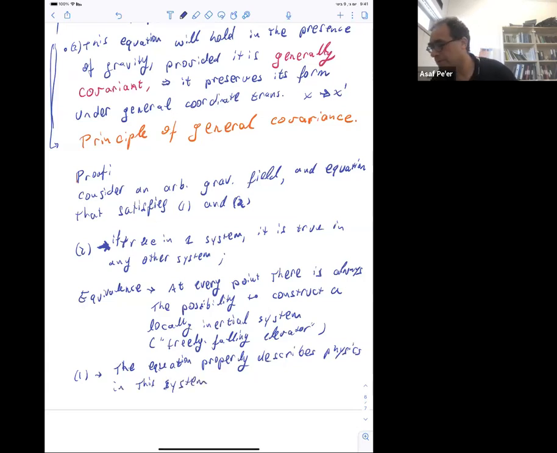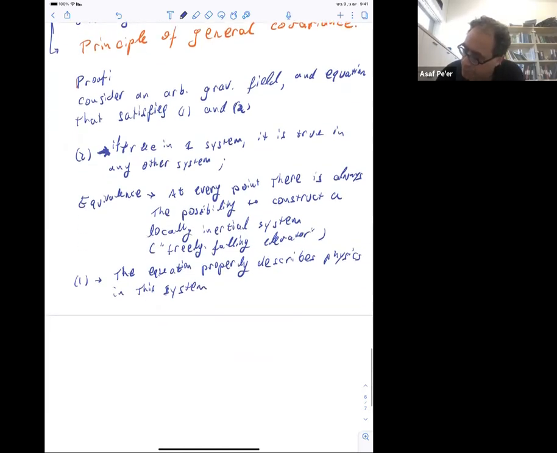So it has to describe properly the physics in any system.